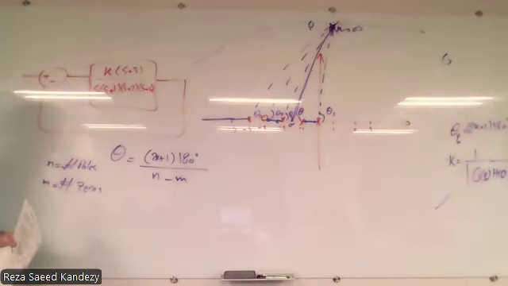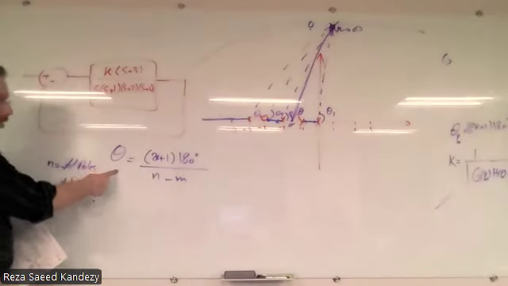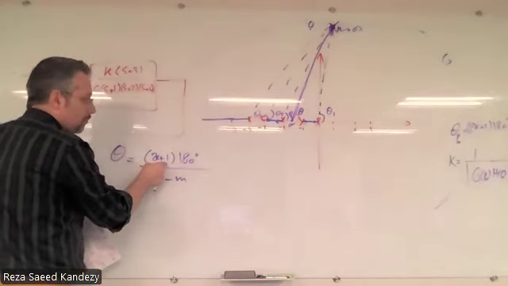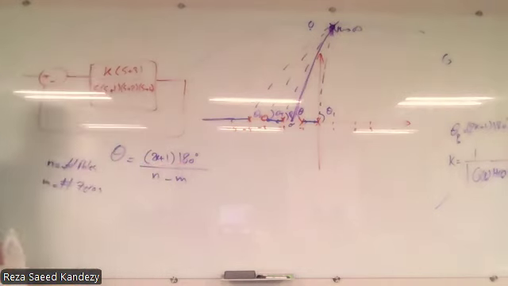You can derive the mathematics. I want to move fast because we have a lot to cover. So the theta of that line is going to be (2k plus 1) 180 over n minus m: number of poles minus number of zeros.